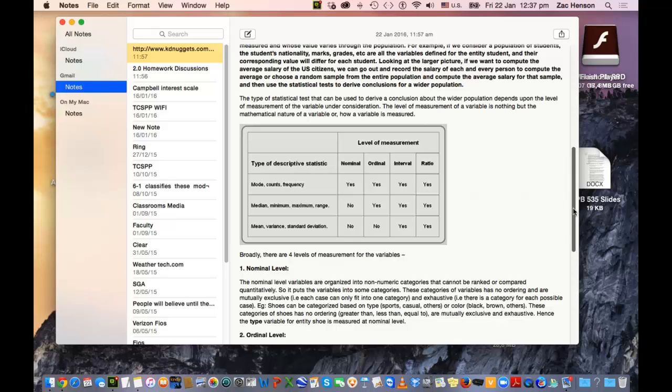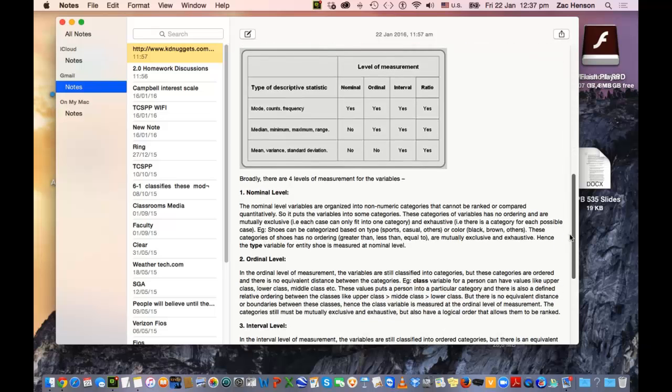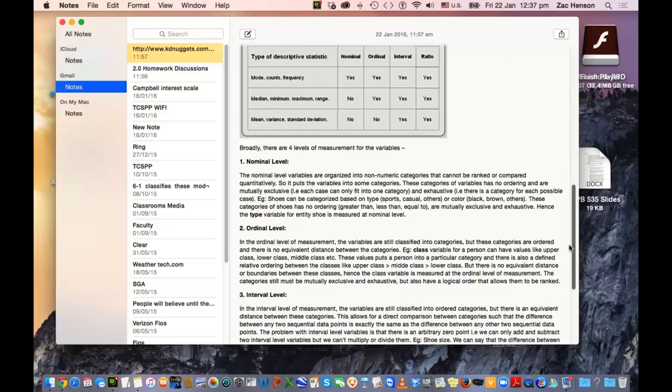If we look at the x-axis, we have categorically the type of descriptive statistics: the mode, the counts, and the frequencies, the median, the minimum, and the maximum, which essentially drives the range, the mean, the variance, and the standard deviation. So broadly, there are four levels of measurement for the variables.